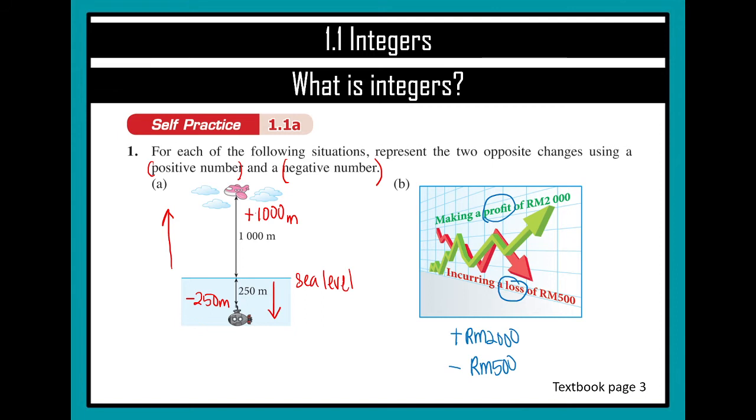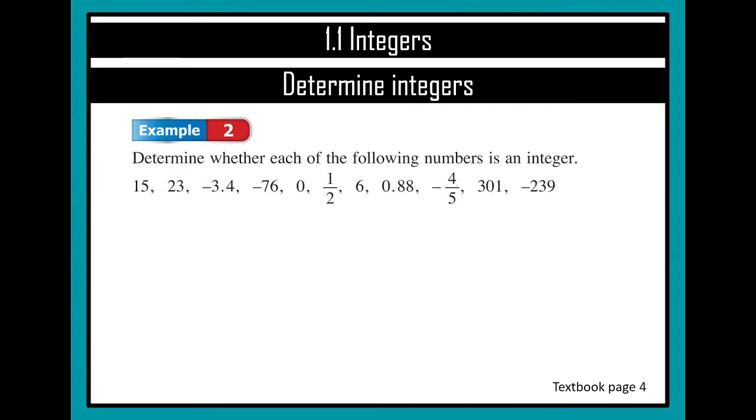Okay, let's move on to the next one. We already learned what an integer is at the front, so let's look at this example. Determine whether each of the following numbers is an integer. Let's remember, an integer doesn't have fraction, it doesn't have decimal. It can be a positive number, it can be a negative number. So 15 is an integer. 23 is an integer.